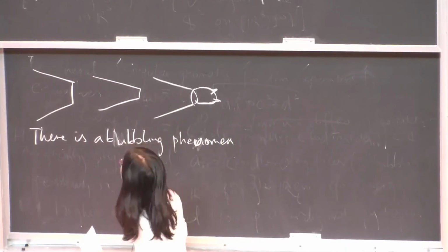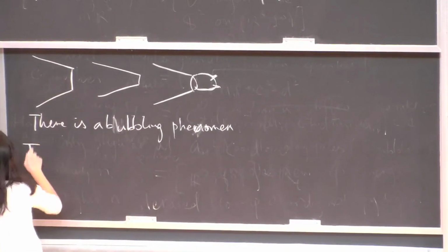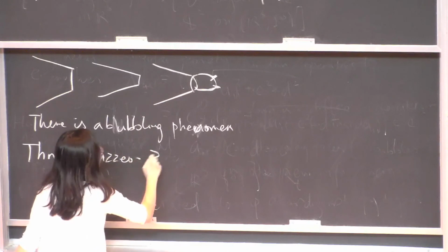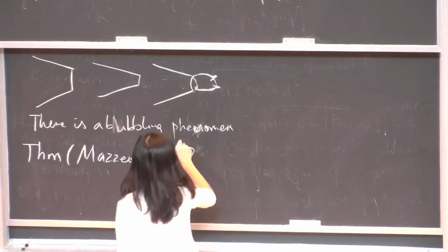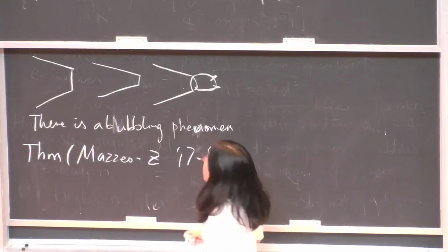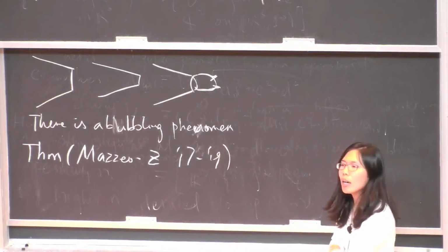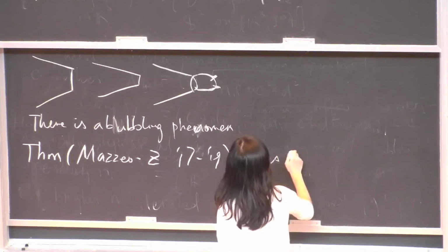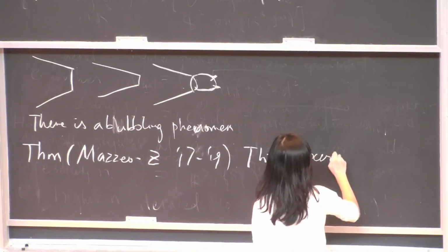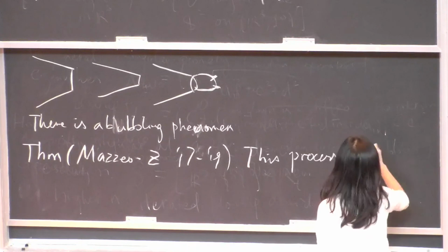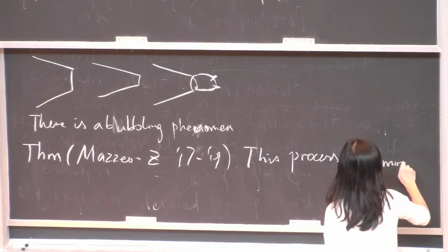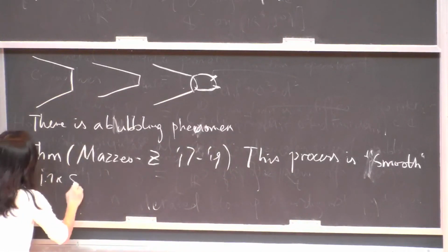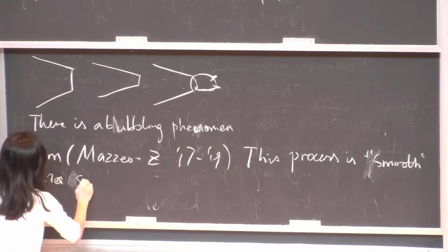And let me just mention some work that I did with Rafe Mazzeo, 2017 to 2019, where we use the language of blow-up to understand this process. This process is smooth in a new blow-up space, in a resolved space.